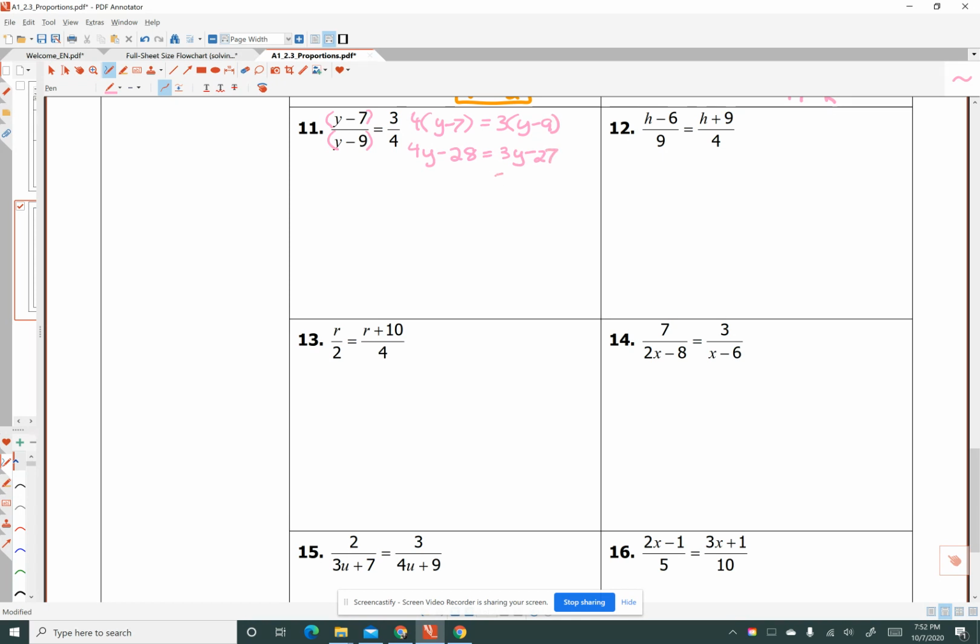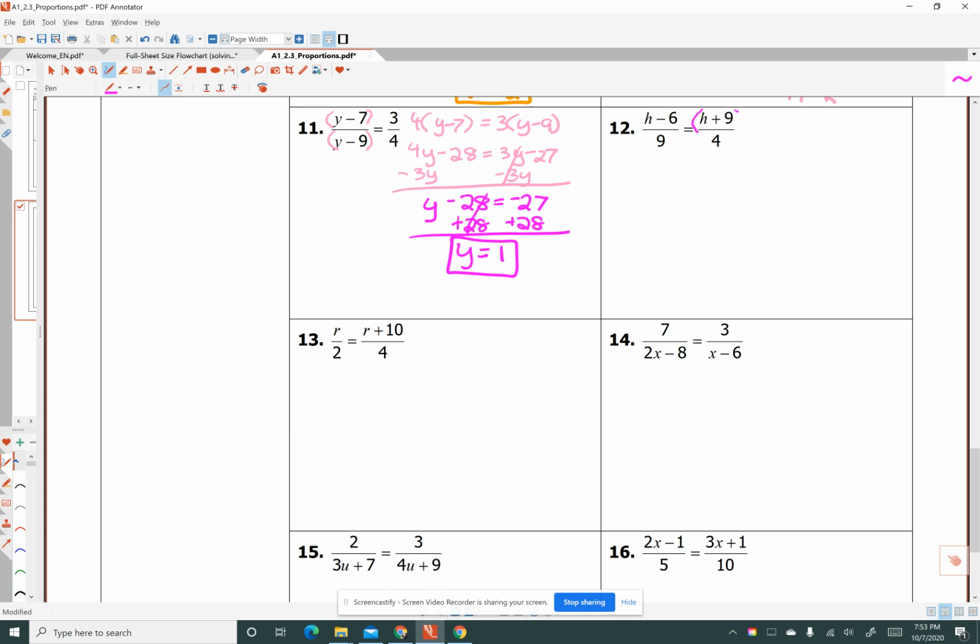And I'll subtract 3y from each side. And we will have 1y, we just call that y, minus 28 equals negative 27. Add 28 to each side. And y equals 1.